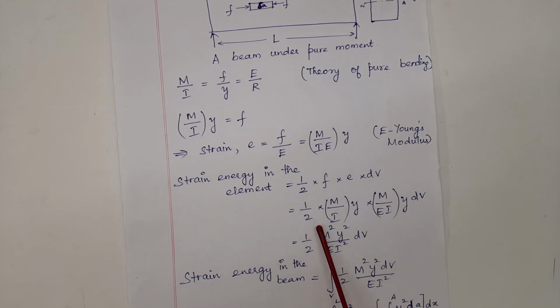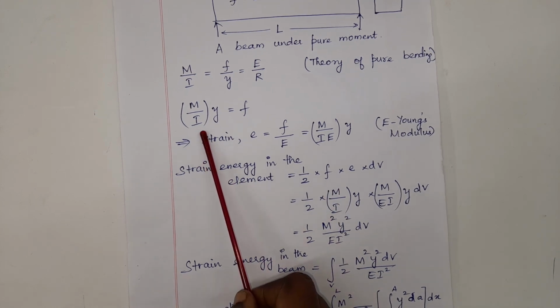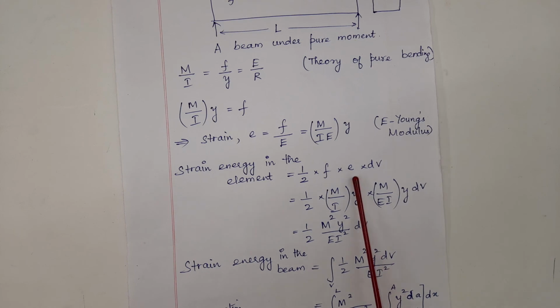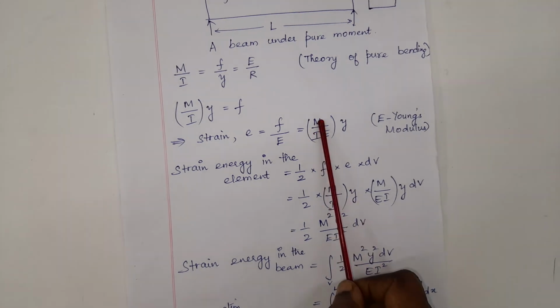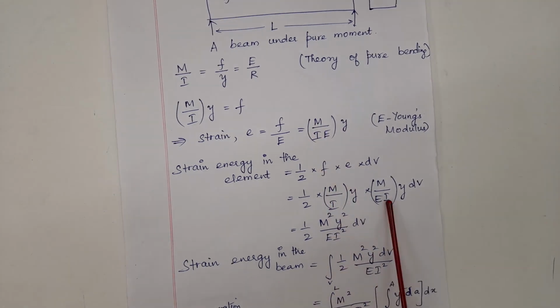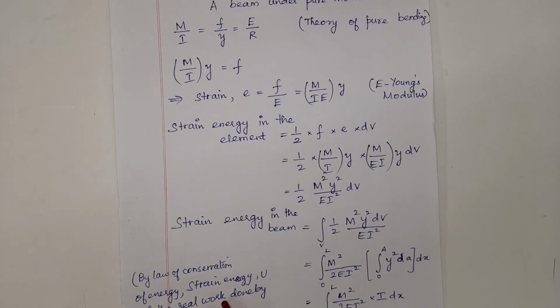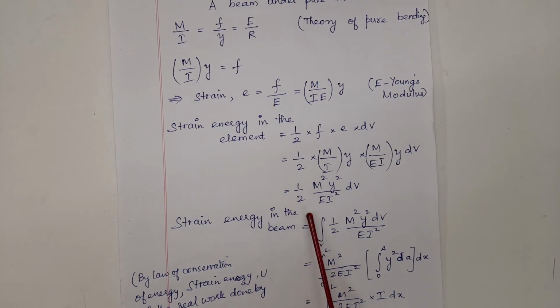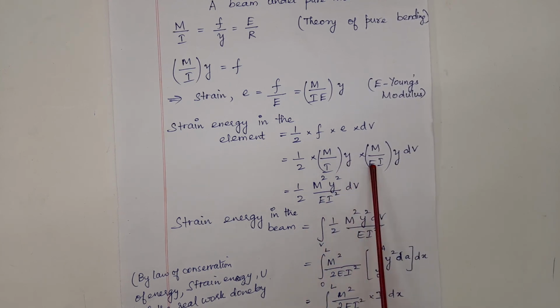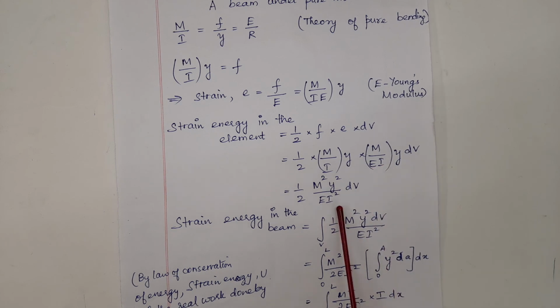Or I can write half into, instead of F, I can write it as M by I into y into, for E, I can write it as M by EI into y into this dV. I can finally write a relation for the element as half M squared y squared by E I squared into dV. This is for one element.